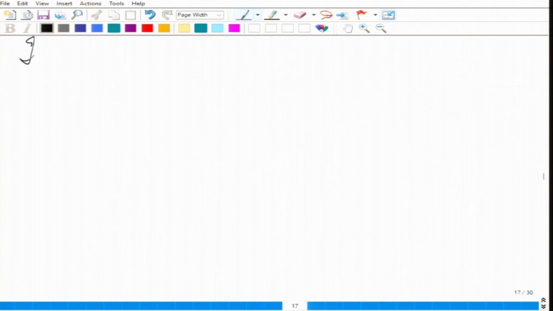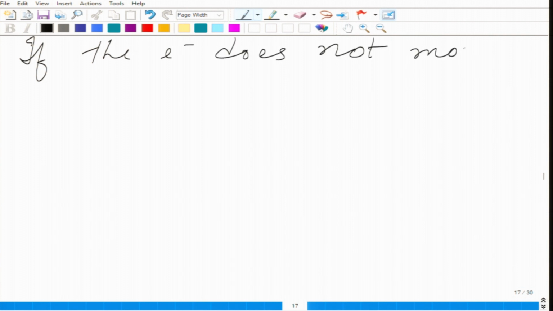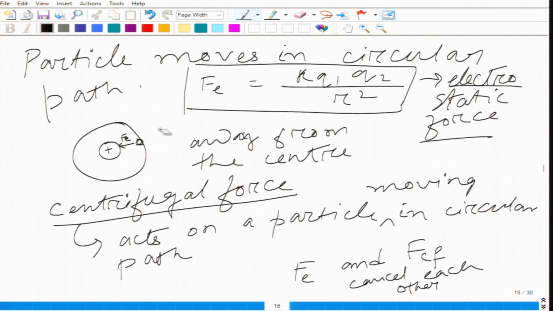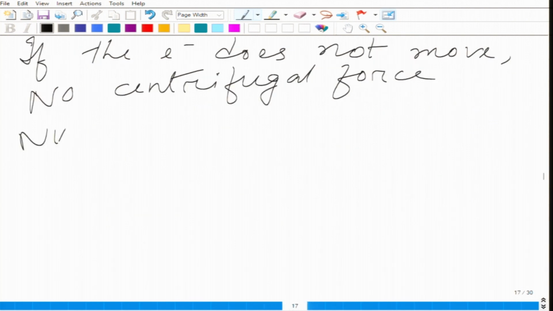Now if the electron does not move, then there will be no centrifugal force. If there is no centrifugal force, only the electrostatic force will be there. So the nucleus will pull the electron towards itself.